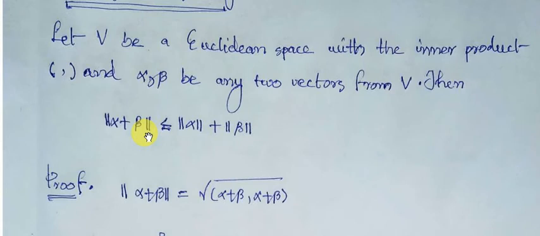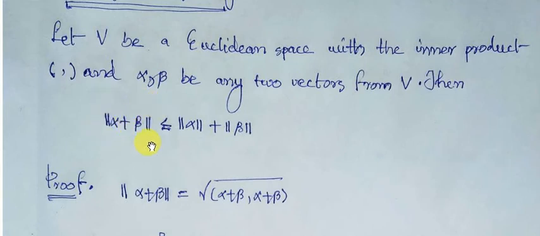Alpha and beta are two vectors from this Euclidean space V, so we can add them according to the vector addition rule, that is the component wise addition, and we have considered this composed vector alpha plus beta. We are considering the norm of this vector, norm alpha plus beta.